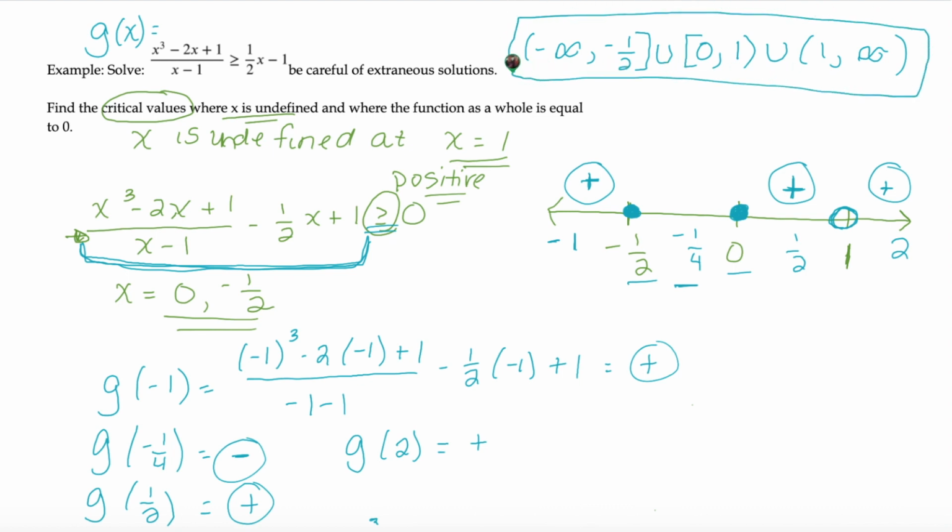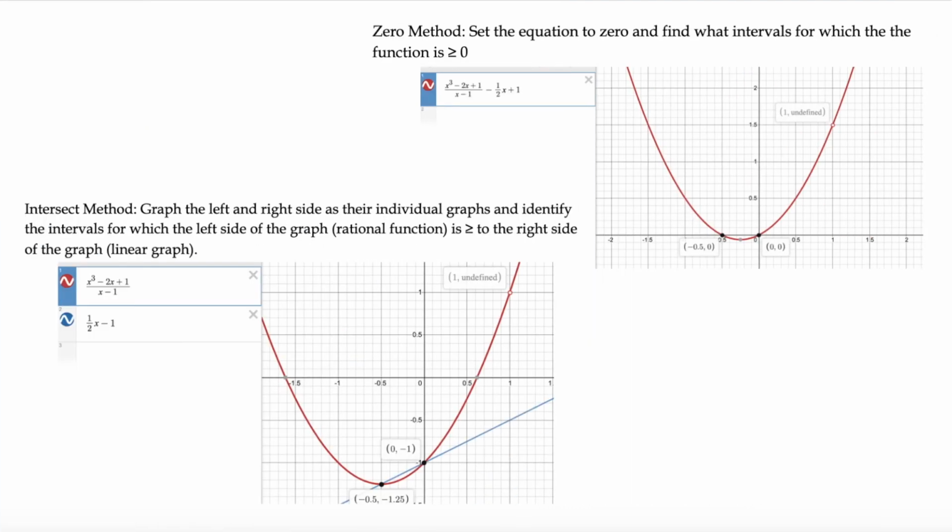Let's take a look at what the graph would look like. Again, here we are looking at the 0 method. So I'm looking for where I set it equal to greater than or equal to 0. I can see that my graph is greater than or equal to.